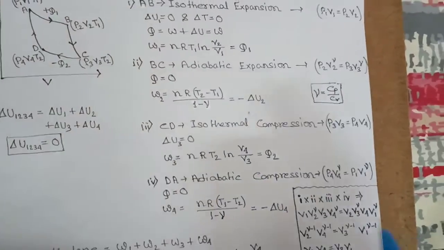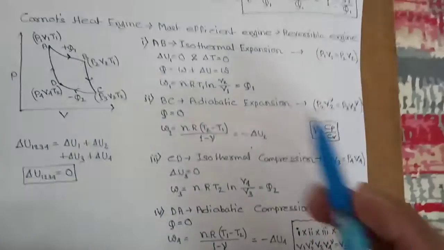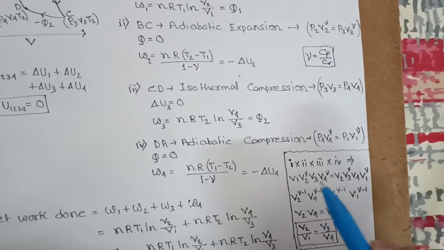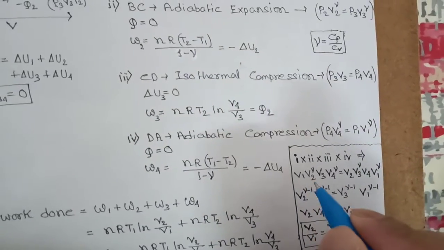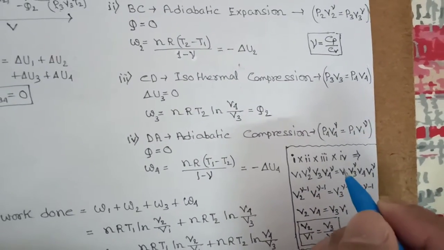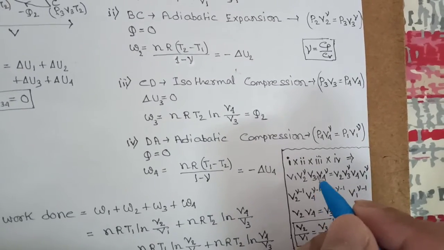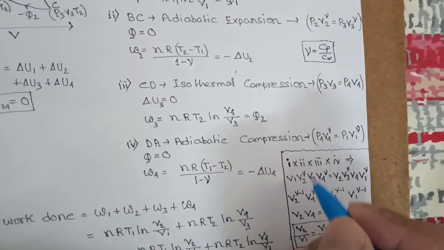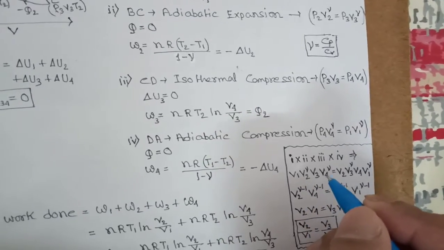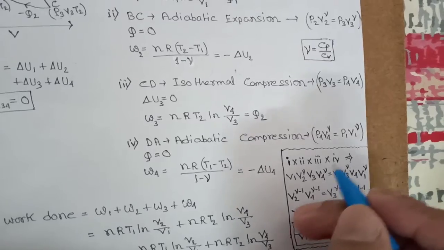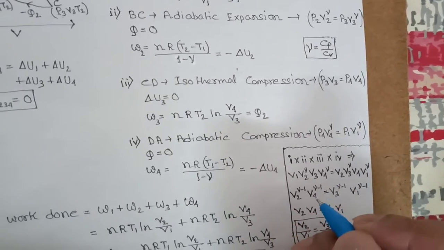So if we multiply 1, 2 and 3, 4, we will get an equation like this. Now see here, V2 to the power gamma, V2 to the power 1. If V2 comes to this side, you can write V2 to the power gamma minus 1. Similarly V4 to the power gamma, V4 to the power 1. If V4 comes to this side, you can write V4 gamma minus 1.